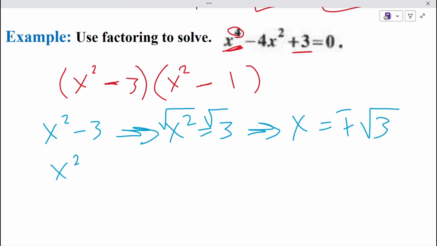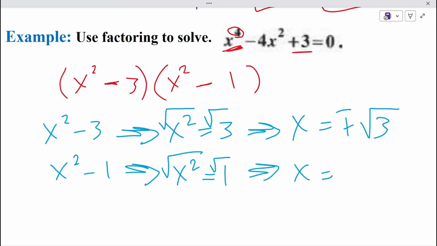X squared minus 1 equal to 0. This is equal to x to power 2 is equal to 1. By taking square roots, x is equal to plus and minus 1. So here we have 4 zeros. It means the values of x are plus and minus square root of 3, plus and minus 1.